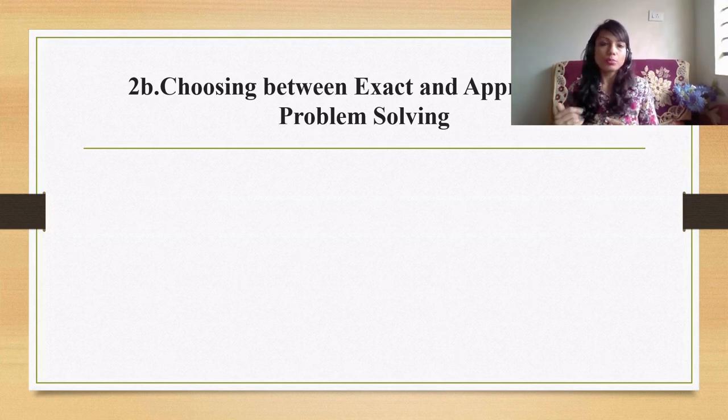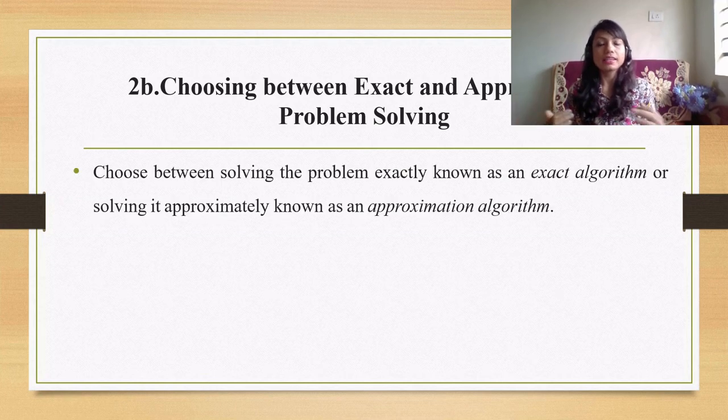That is, some problems can be solved exactly, some problems can be solved only approximately. The problems which can be solved exactly are known as exact algorithms, and for the problems which can be solved only approximately, that is, we can't get the exact answer but an approximate answer, such algorithms are called approximation algorithms. Let's see an example of exact as well as approximate problems.